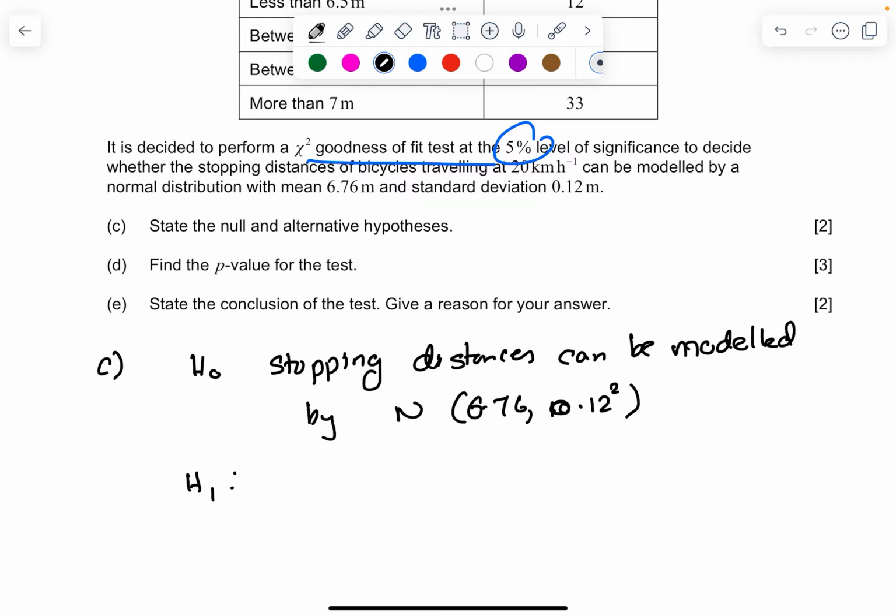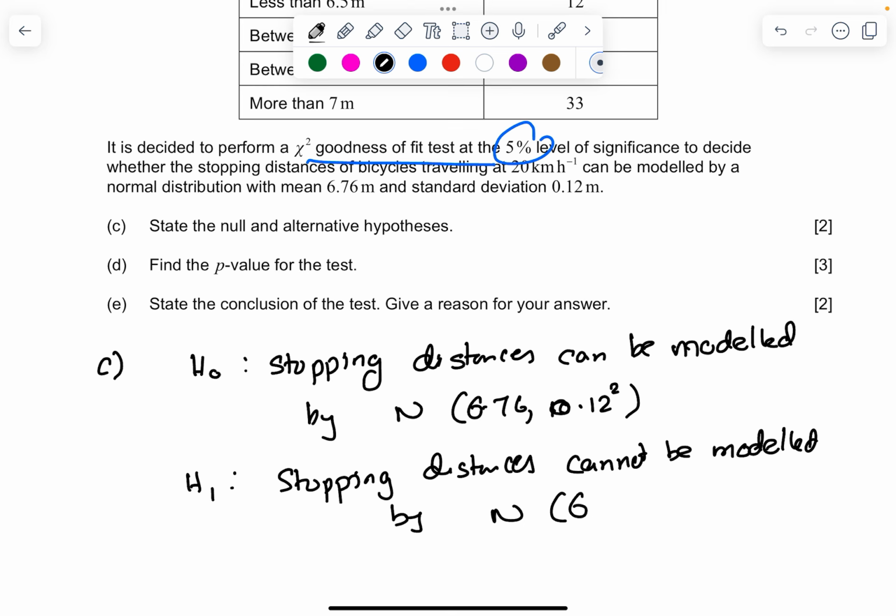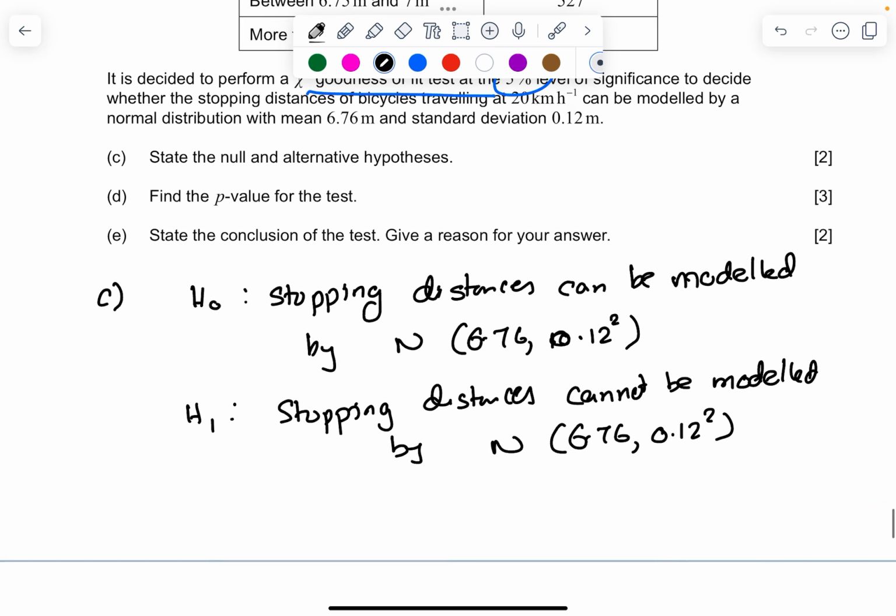And the alternate hypothesis: stopping distances cannot be modeled by a normal distribution with mean 6.76 and standard deviation 0.12.